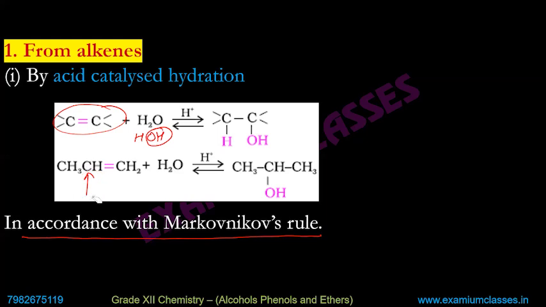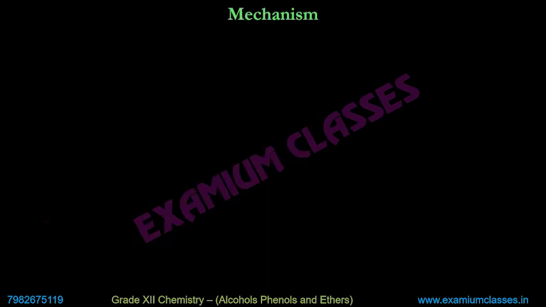This carbon has fewer hydrogen atoms, so OH will get attached to this carbon as per Markovnikov rule. Strictly, it is not the Markovnikov rule, because that was given for haloalkanes. That's why it is written as in accordance with, or similar to, Markovnikov rule.